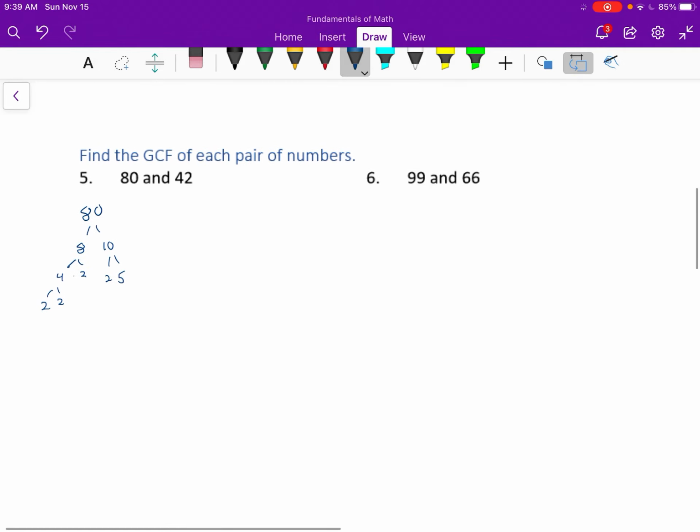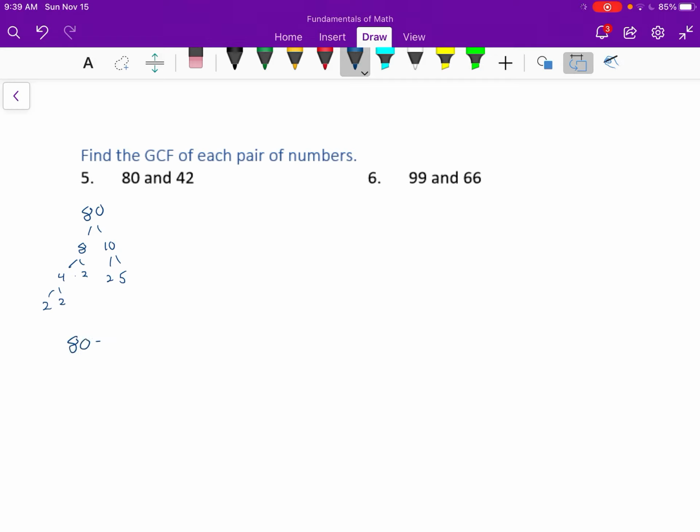So our prime factorization of 80, we have 1, 2, 3, 4 2's, and then we had this 5 here.